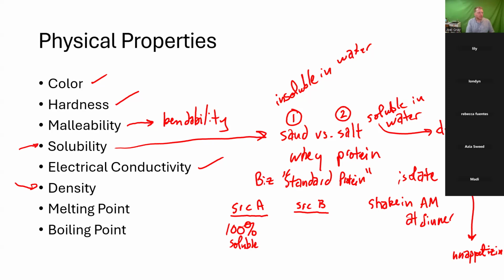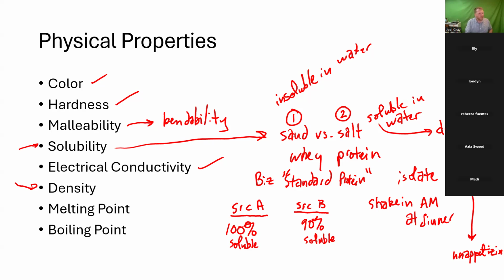And source B says, well, 90% of our whey protein is going to be soluble. If you want to sell your product to the most people possible, which one are you going to go to? Are you going to source it from source A or source B? Absolutely. We're going with A.